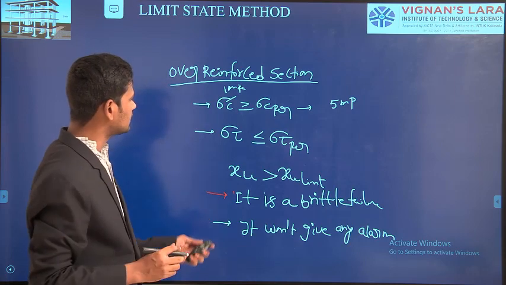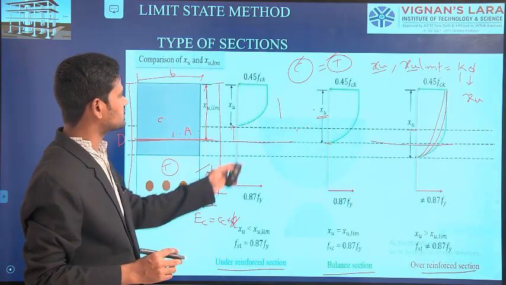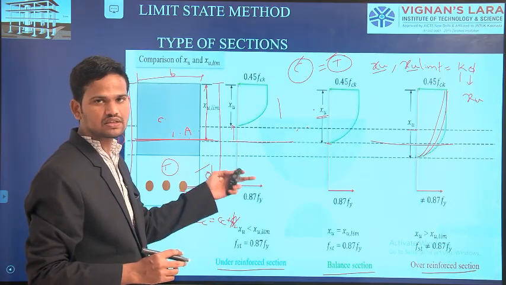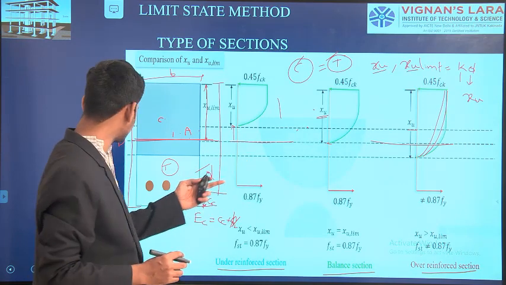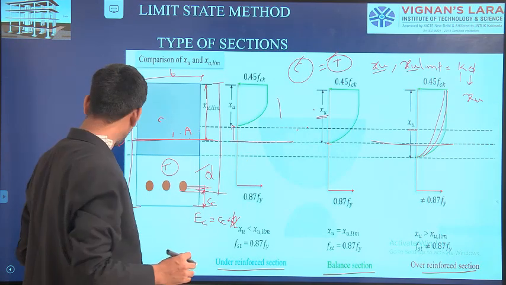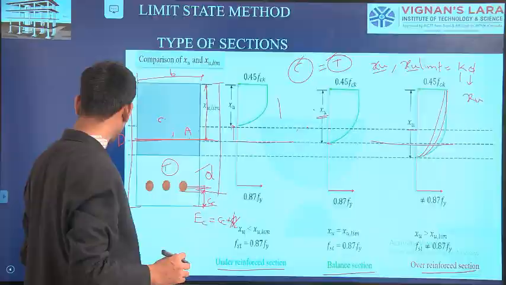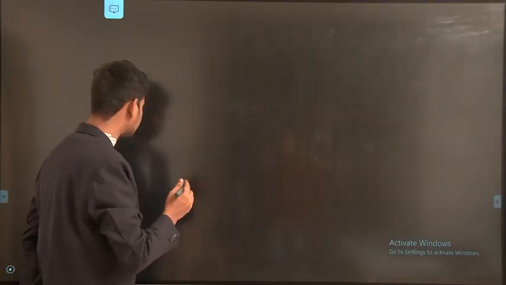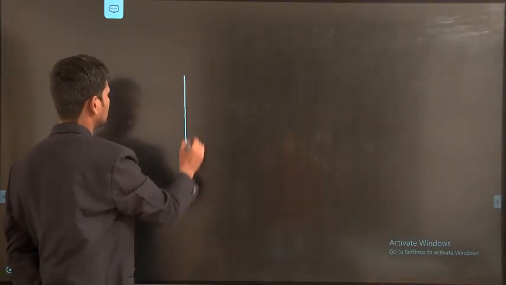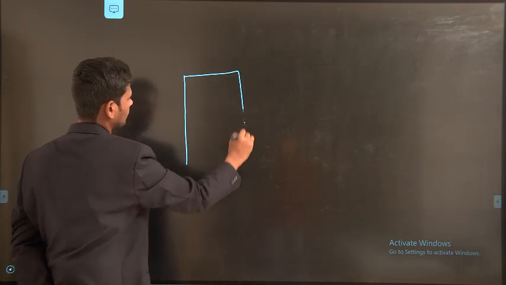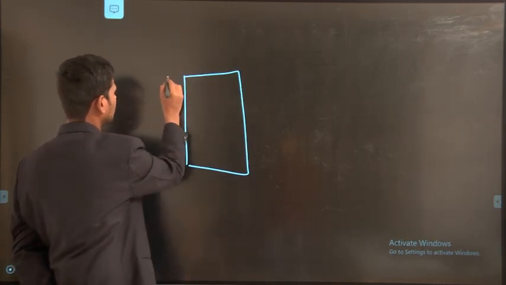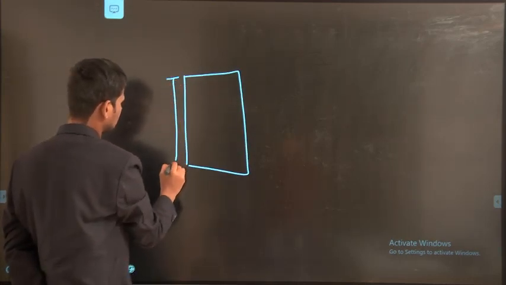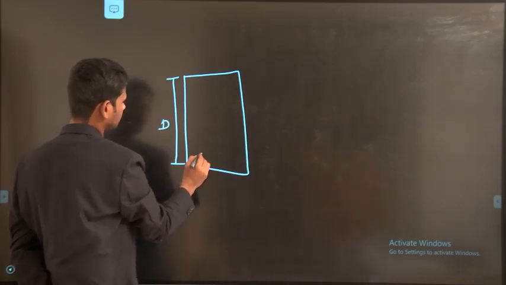Again, the stress block diagram I represented is for what is meant by a balanced section and an over reinforced section. I will explain the same diagram by drawing it with the same cross section. Suppose this is your rectangular beam and this is the total depth of the beam.